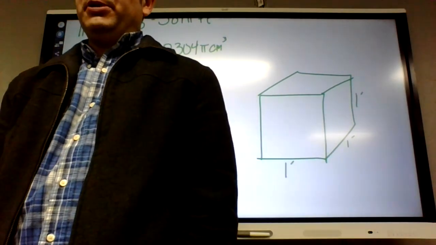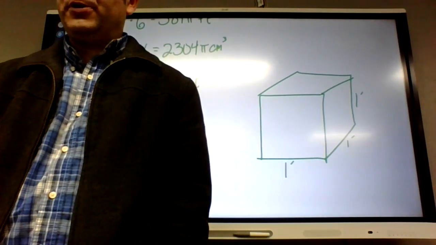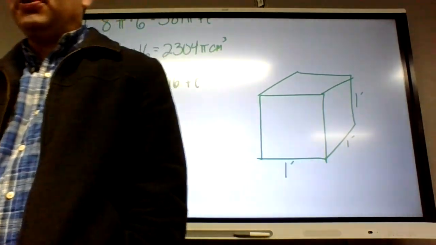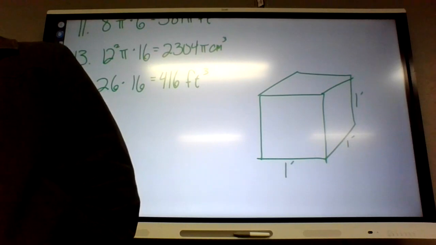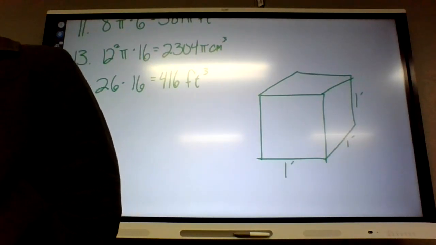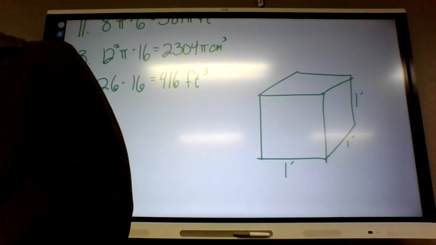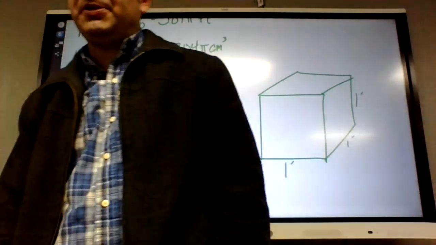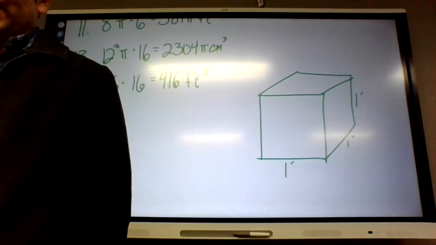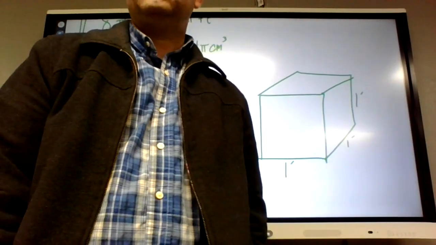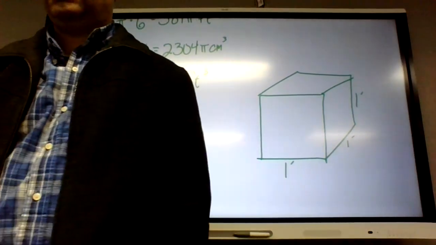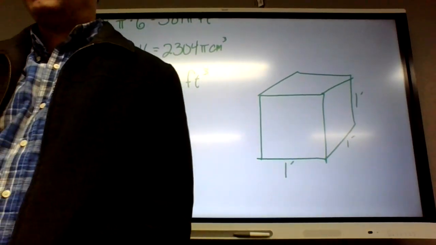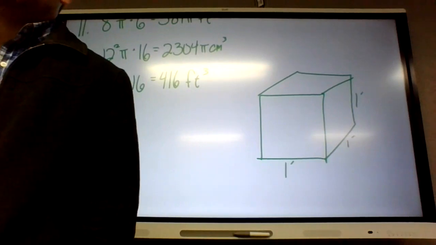Number 17 says, how many cubic foot boxes would fit in a 15 feet by 10 feet bedroom that is 8 feet high? How many cubic foot boxes would fit in a 15 foot by 10 foot bedroom that is 8 feet high? 1,200. Okay, how'd you figure that out? Length times width.